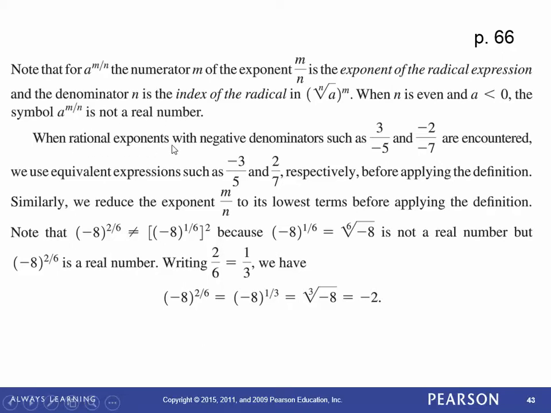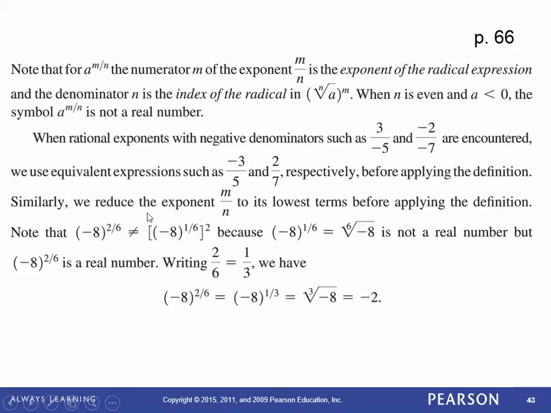Okay, so when rational exponents and negative denominators, such as 3 over negative 5, negative 2 over negative 7, are encountered, we use the equivalent. So again, if you have a negative on the bottom, what we do is we bring the negative to the top. If you have both negatives in the exponent, we get rid of the negatives right away before we apply the definition.